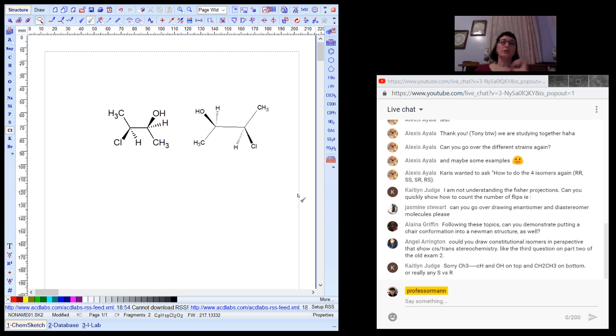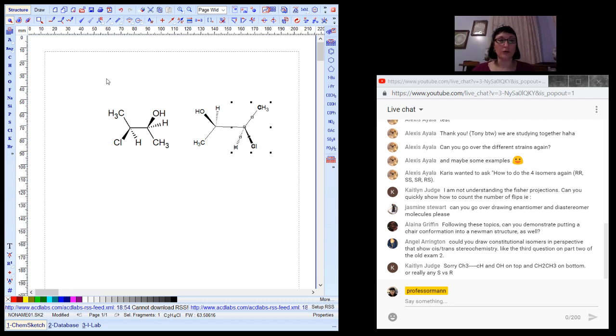Okay, so now I have the 2 isomers, one isomer, and the other one is the enantiomer of that. So what you can do is go through and look at that area that I just highlighted and draw it on this one here. That would give you the other isomer.